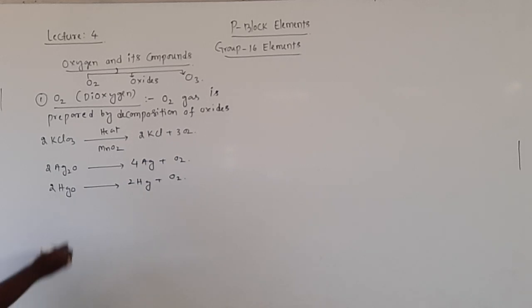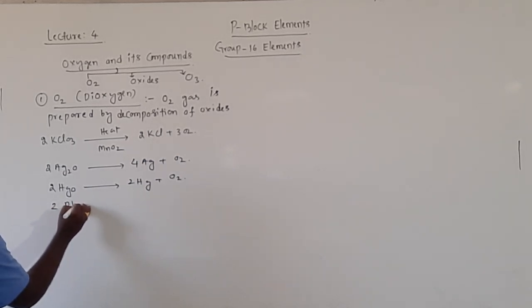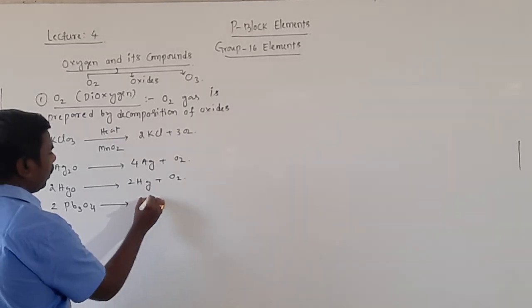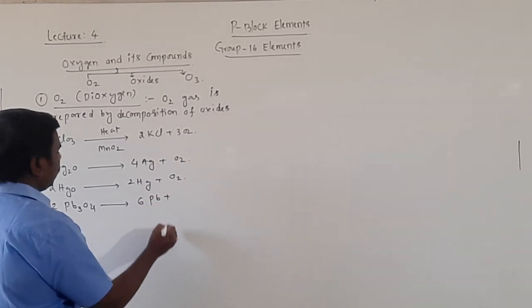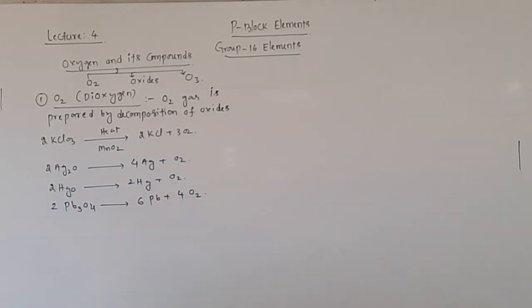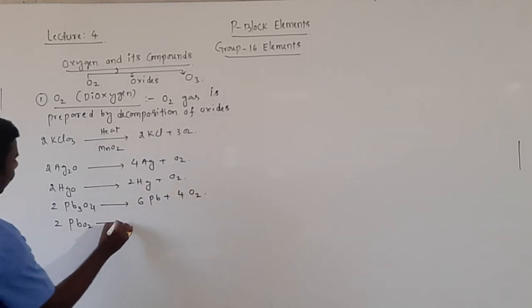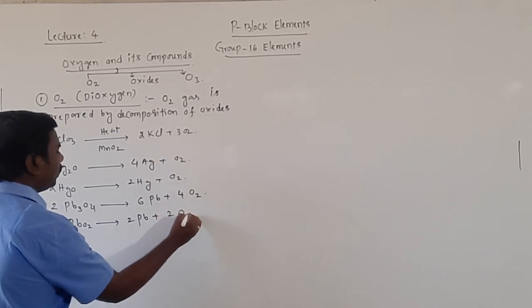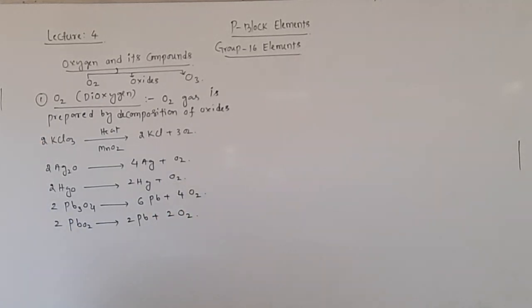Next, 2Pb3O4, lead oxide, gives 6Pb plus 4 moles of oxygen liberated. Next, 2PbO2, lead dioxide, gives 2Pb plus 2 oxygen gas molecules liberated.